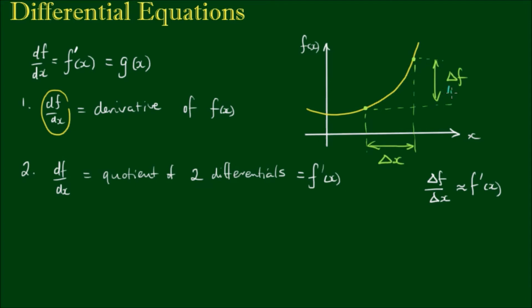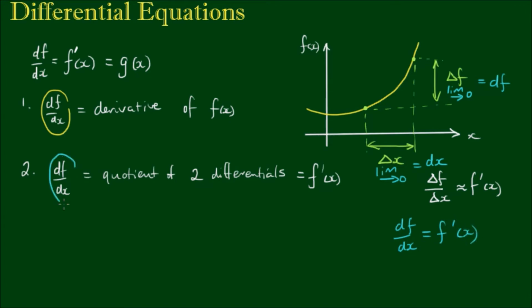And if we take the limit as delta f approaches 0 and call this the differential of f, df, and also take the limit as delta x approaches 0 and call it the differential of x, or dx, then we can say pretty confidently that df on dx is equal to the derivative of f.